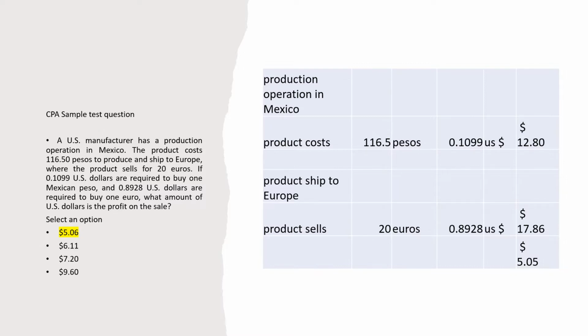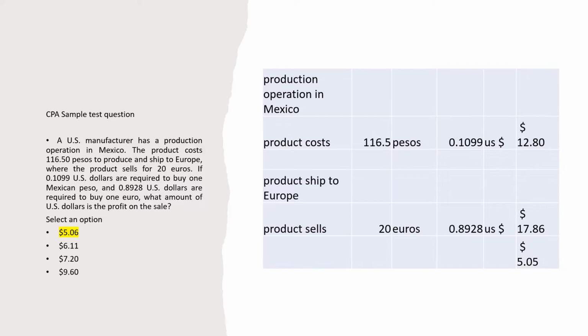So the correct answer is $5.06. How we got that is, our production cost is 116.5 pesos. We multiply that by 0.1099 US dollars, which gives us 12.80.